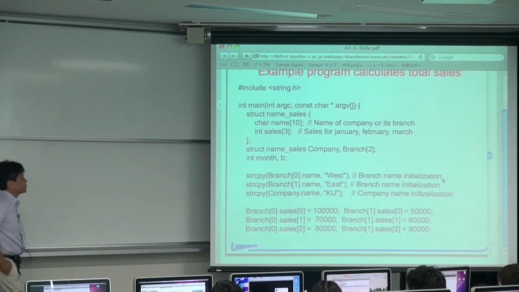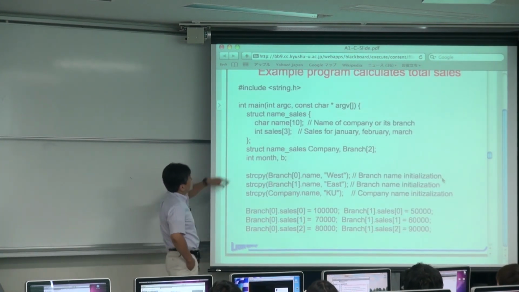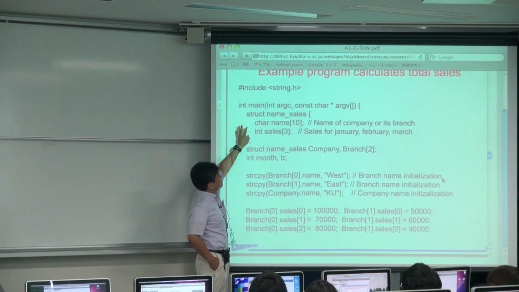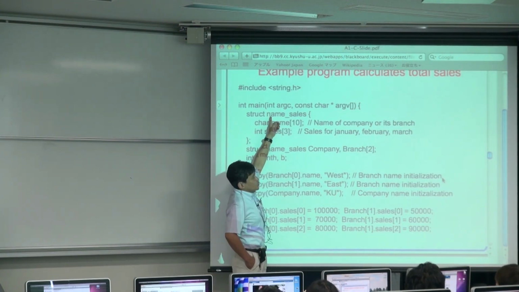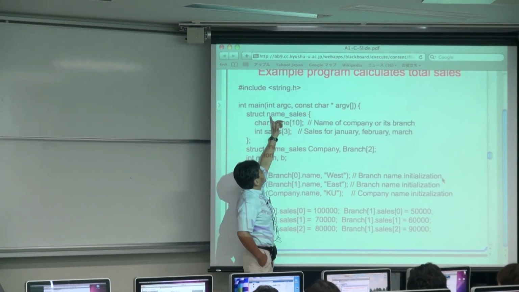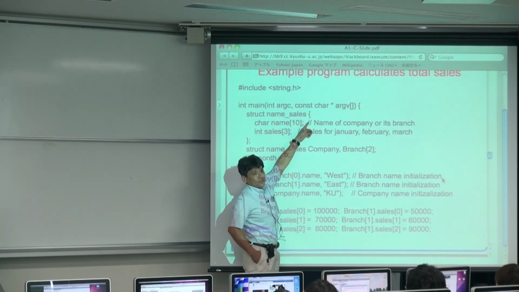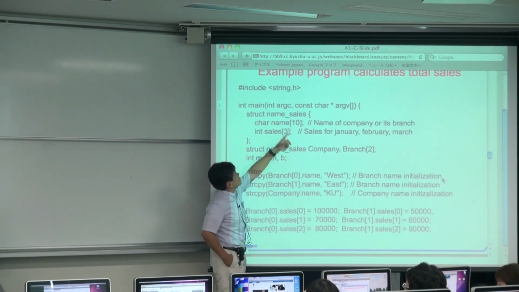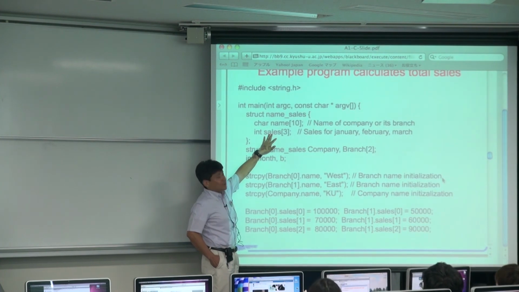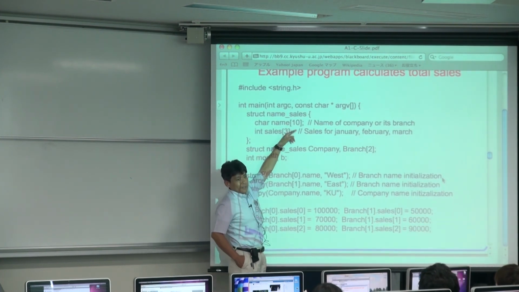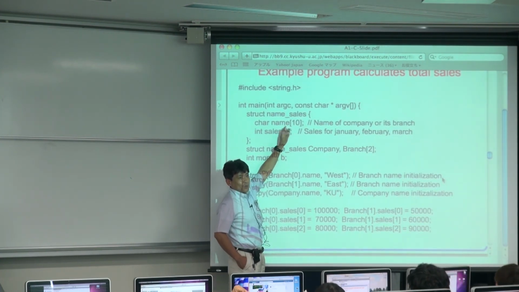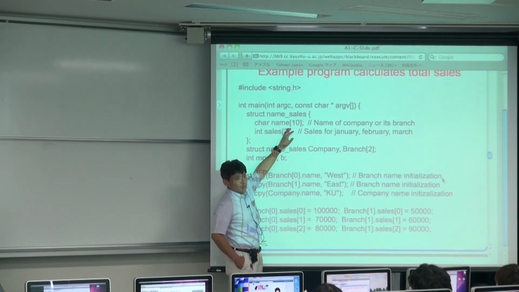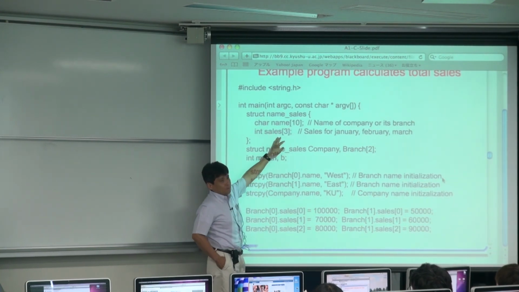So this is the actual program. First, you can define your new structure type data, name_sales. This structure has two member variables. One is its name, branch name, for example, West branch or East branch, and sales.